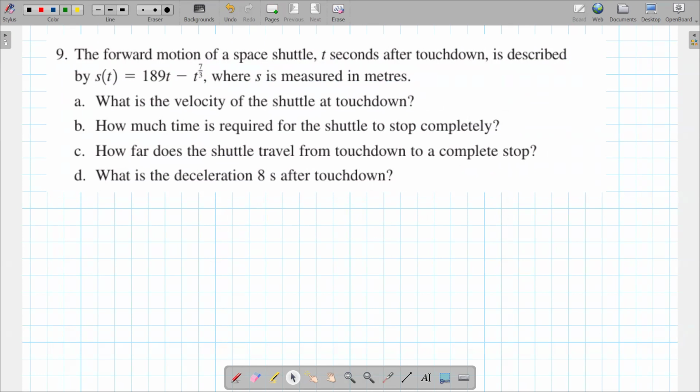So this is going to be a root function, which is, again, not the easiest to graph, so we're not even going to bother. The forward motion, t seconds after touchdown, is described by 189t minus t to the 7 over 3. What is the velocity of the shuttle at touchdown?